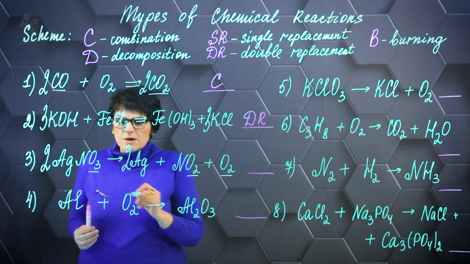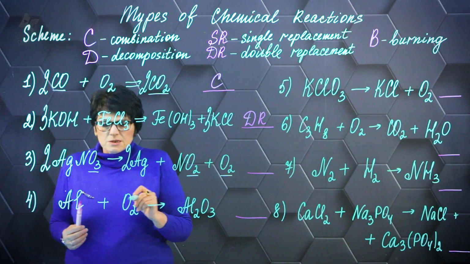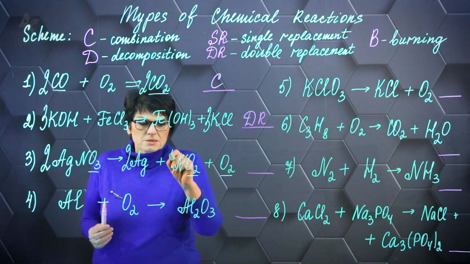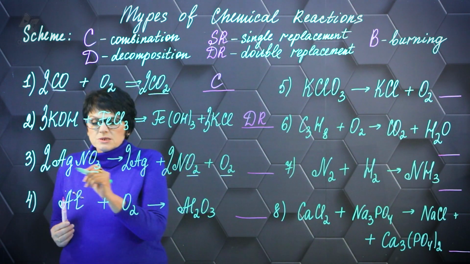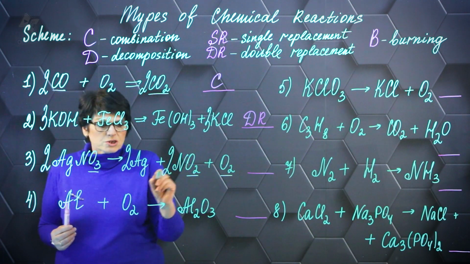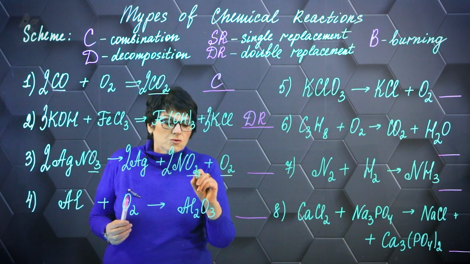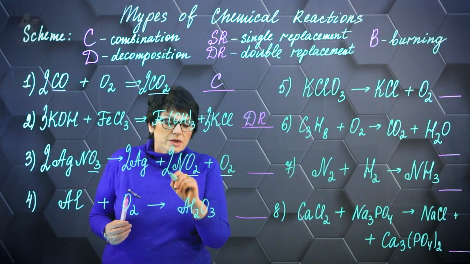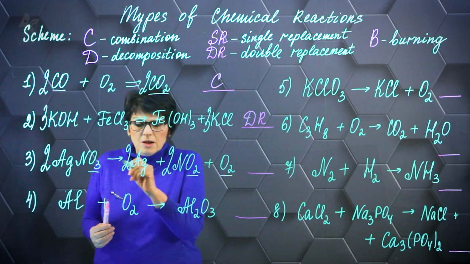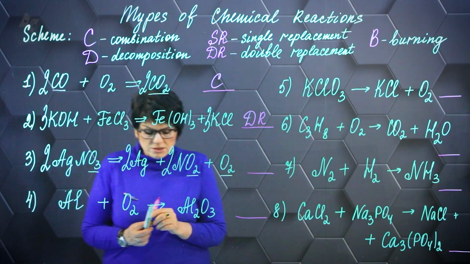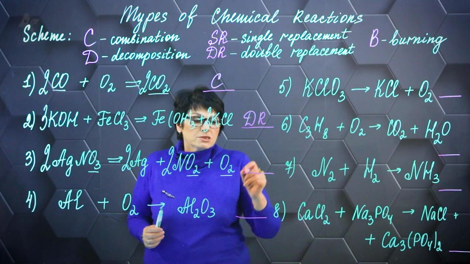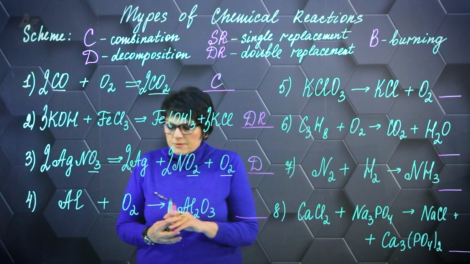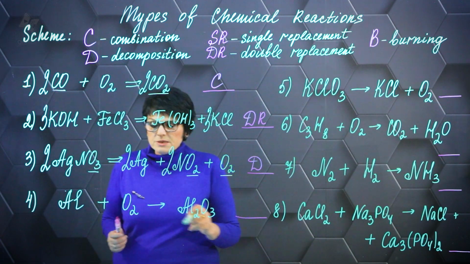In front of the silver formula we put a factor of 2. Nitrogen on the left side is 2, on the right side is 1. In front of the NO2 formula we put a factor of 2 and check the oxygen. Here it's 6, here it's 4, 2 times 2 is 4 and 2 more, you get 6. What type of reaction is this? One complex substance made several substances. It's a decomposition reaction.